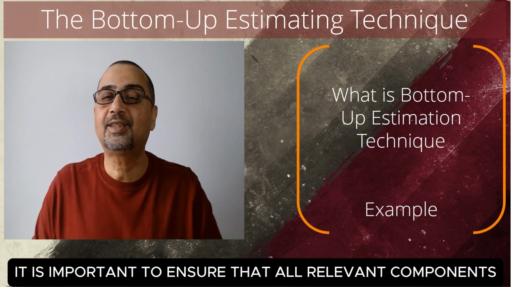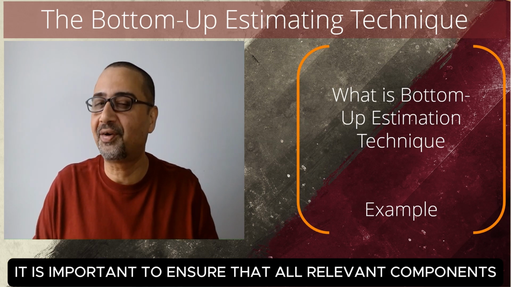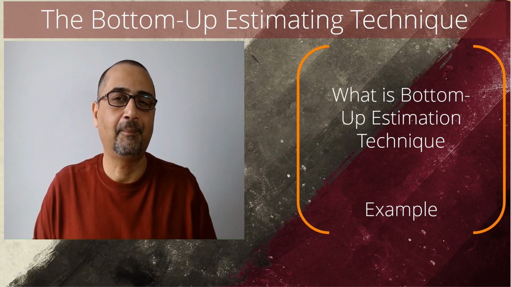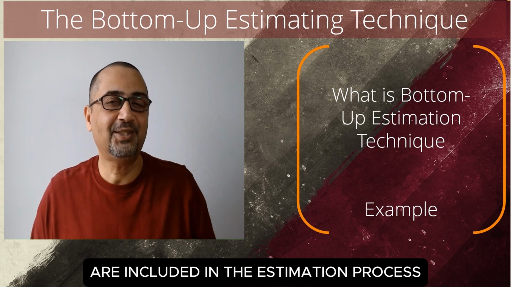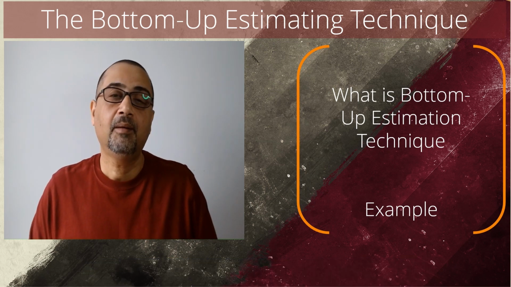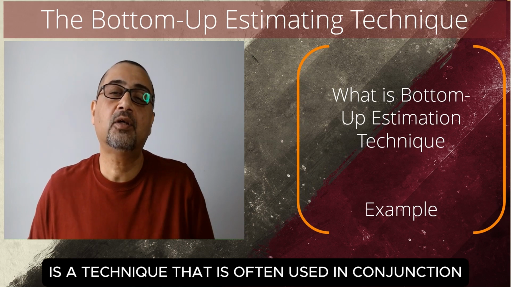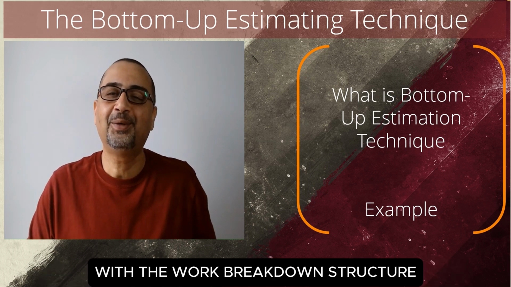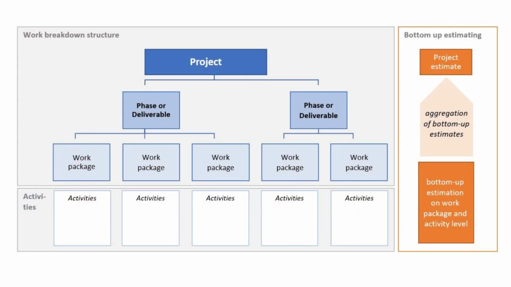However, it is important to ensure that all relevant components are included in the estimation process to obtain an accurate estimate. Bottom-up estimation is a technique that is often used in conjunction with the work breakdown structure to estimate the value of a variable or parameter for a project.